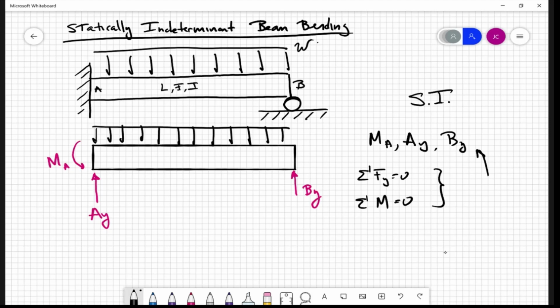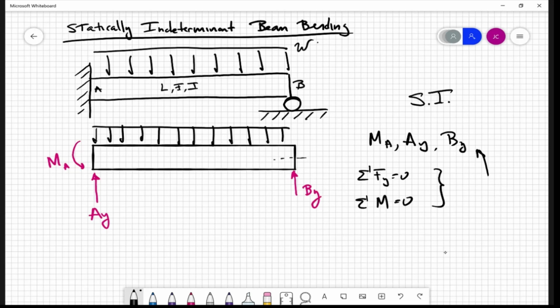So how do we solve these? Well, you could try to explicitly add the deflection condition, that maybe the deflection at point B is equal to 0, and deal with it that way.